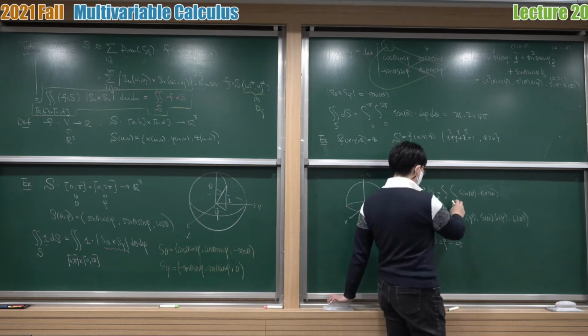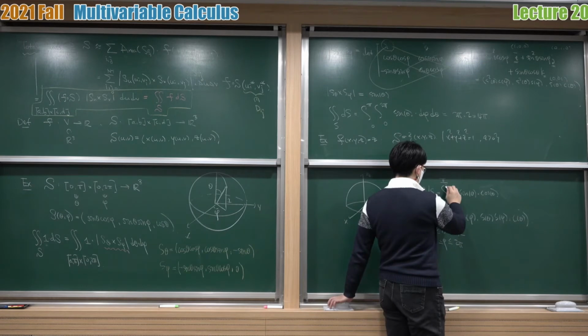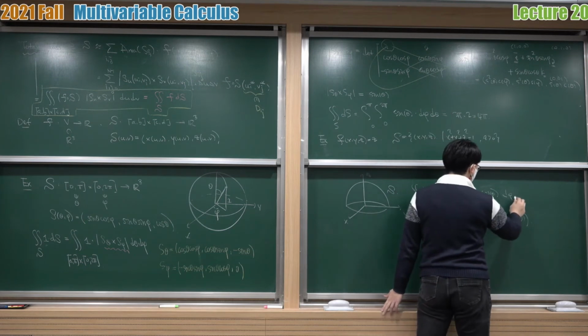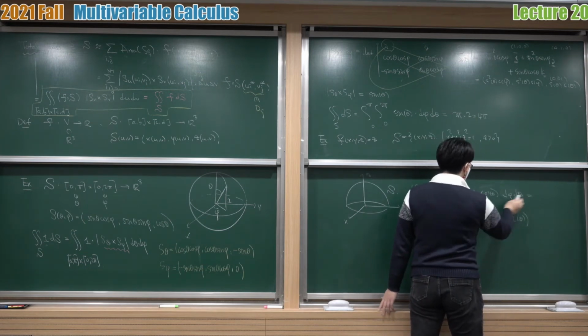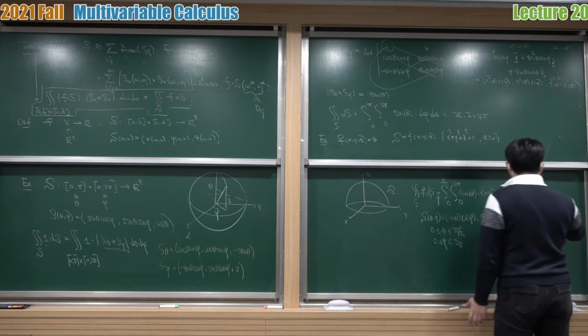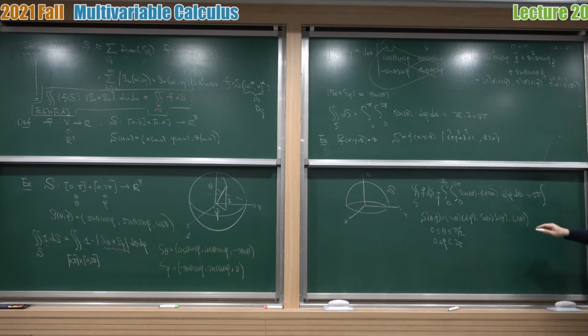So that goes here. This is for phi and this is for theta. So this is a constant with respect to phi, giving 2 pi. And then theta from 0 to pi over 2. Using the formula for sine cosine, this equals 1/2 sine 2 theta.